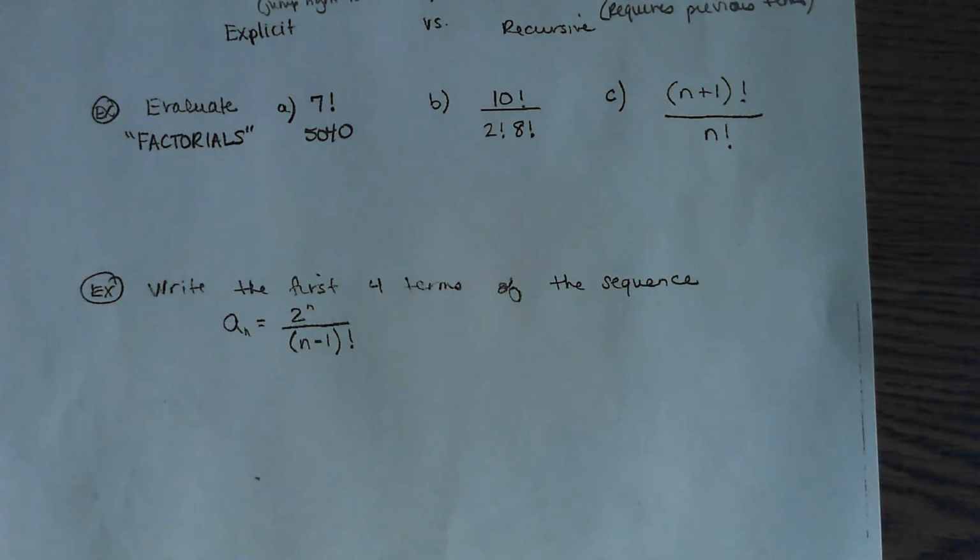But what you will need to do by hand is something like B. Well, how, Mrs. Rahil, would you not expect us to do 7 factorial, but you would expect us to do 10 factorial divided by 2 factorial times 8 factorial? Because you're going to use the concept to simplify logically without having to do massive calculations.